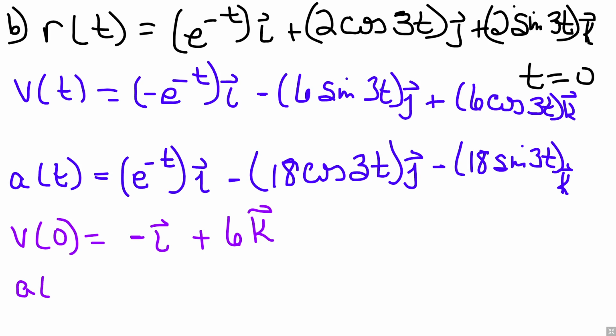Then for the acceleration at 0, we're going to have 1 in the i direction, -18 in the j direction, and sine 0 is 0, so we have no k component. So these are your velocity and acceleration vectors. Any questions?